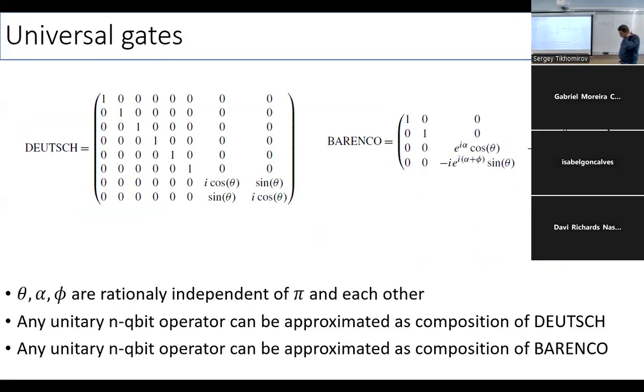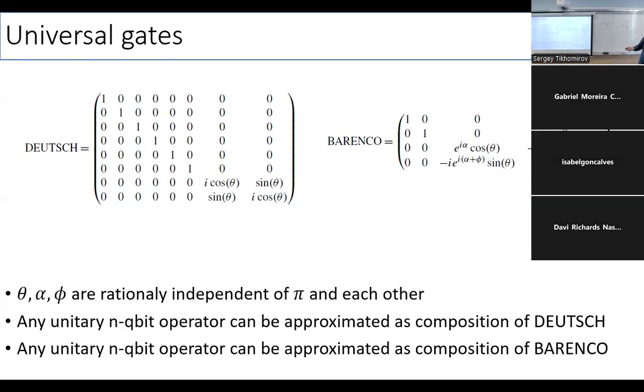There is an interesting concept of universal gate. Here I showed two examples of them, where there are certain parameters, theta, alpha, theta, phi, all of them rationally independent with pi. The idea is the following.